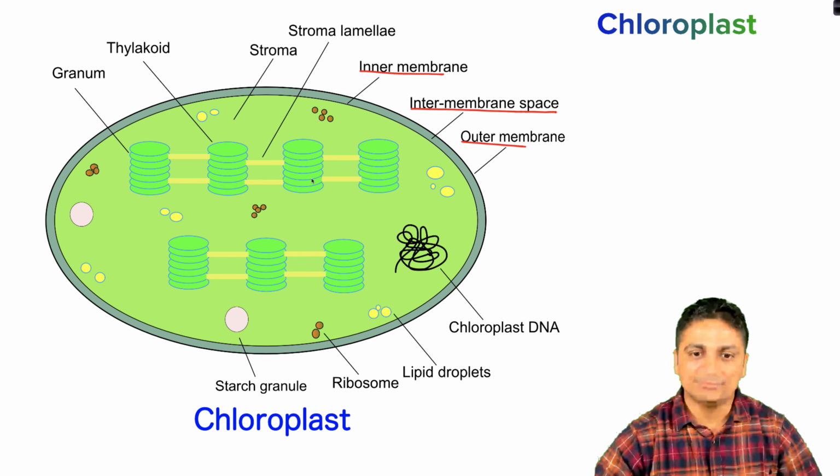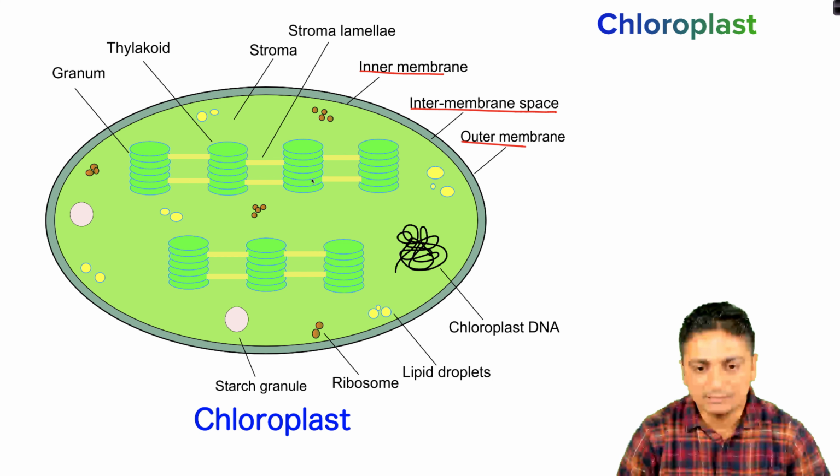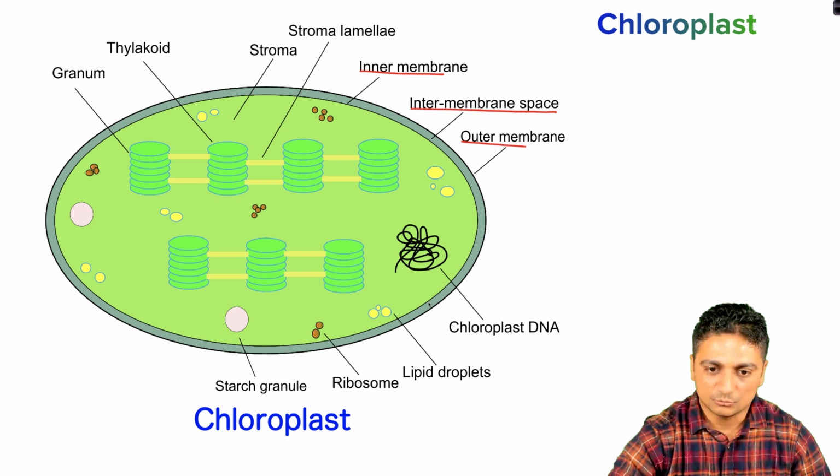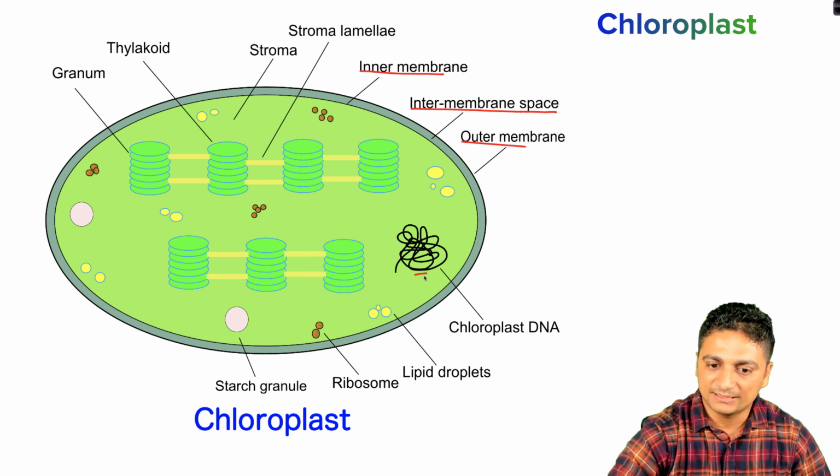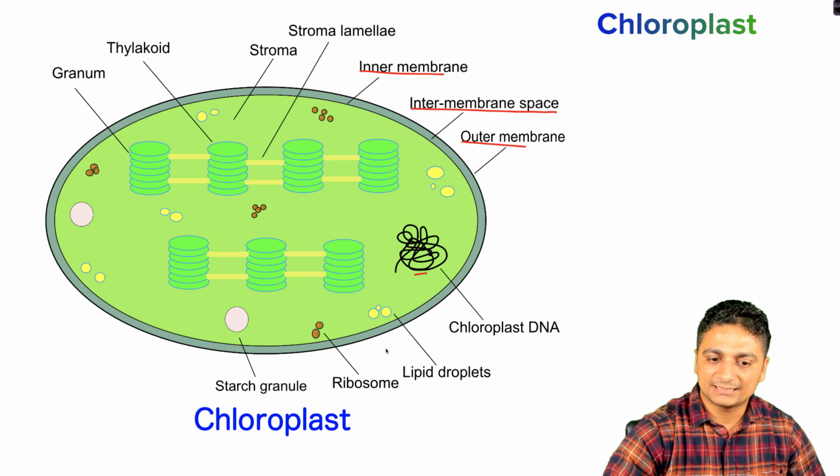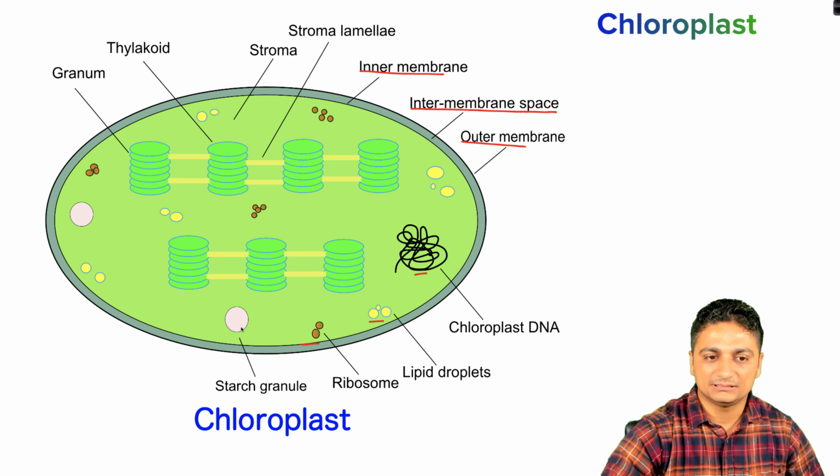And it is a semi-autonomous organelle like mitochondria, because it has its own chloroplast DNA that can replicate itself, and it also makes its own lipid and ribosome, and this also has starch granule within the system.